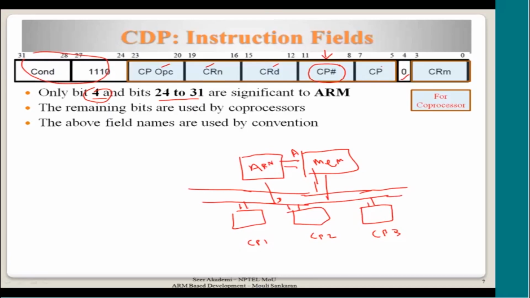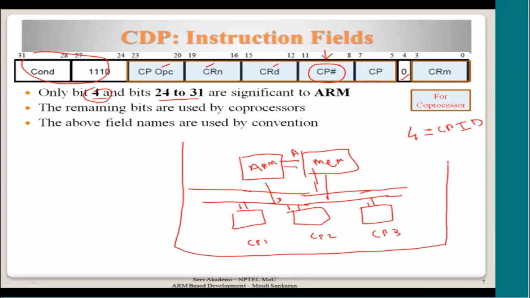Now, why do I say the location of the CPID has to be fixed? That is, bits 8 to 11 need to have a CPID. The 4 bits need to have a CPID. Why? Let me ask a question. As a system designer, we are building a SoC, system on a chip.